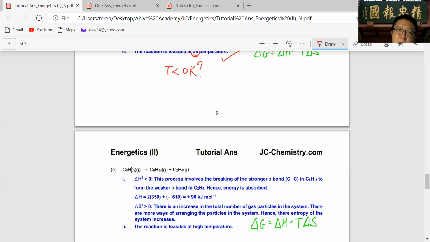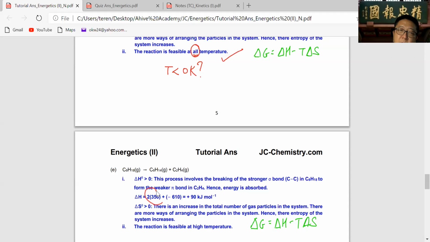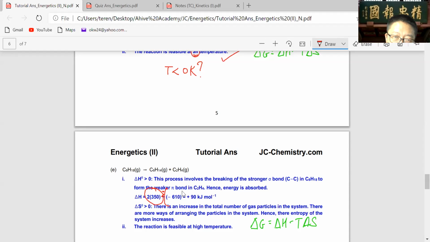So you can see the number of bonds from here to here. There are two of them being broken. Here, see, this is C8 to C6. So you are breaking two of them, bond breaking over here. So again, you just bracket this minus instead of plus. Then this one you switch to positive 610.